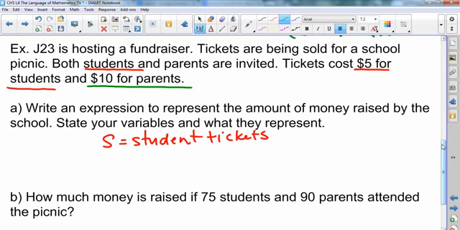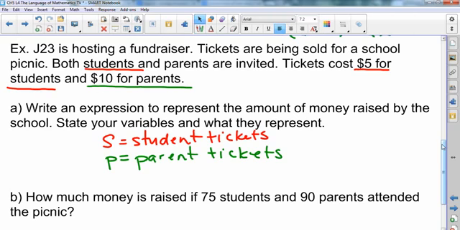So let's have P stand for parent tickets. Okay? And whatever the student ticket, oops, wrong letter. Oh my goodness. So the student tickets plus the parent tickets is going to equal the total amount of money that they make.